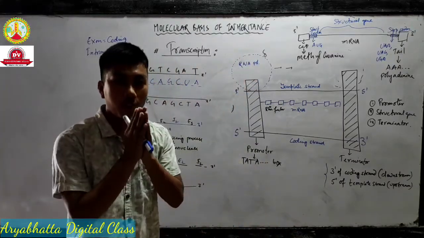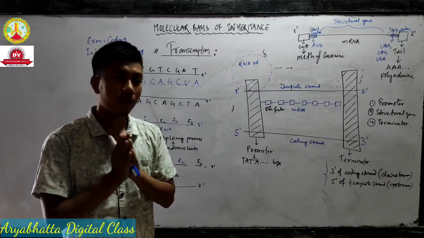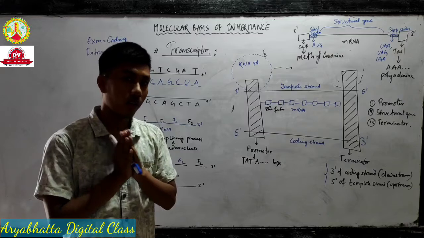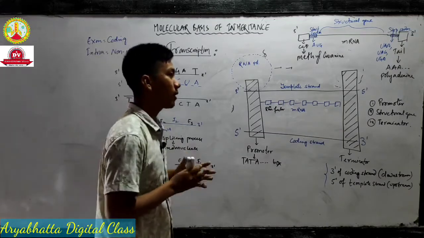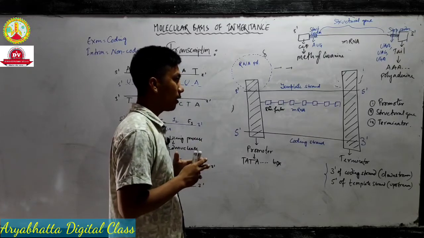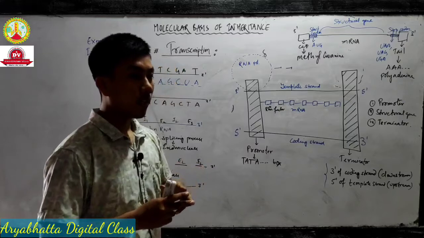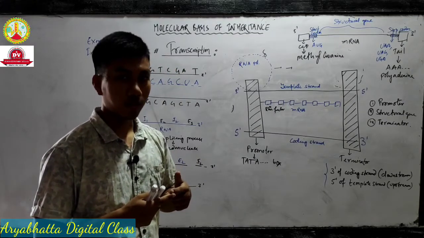For the mRNA to be synthesized, the RNA polymerase enzyme has a very important role. Types and subunits we have discussed. The mRNA is going to carry information from the DNA strand only.